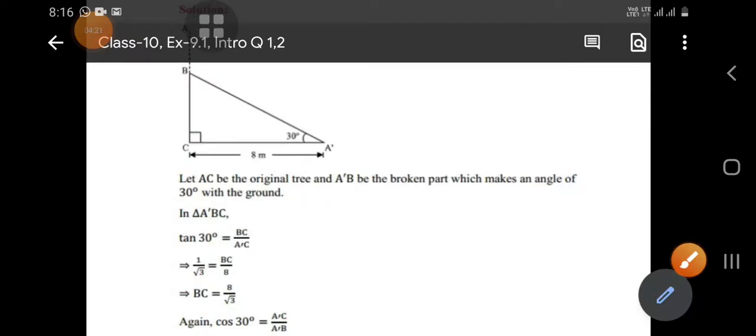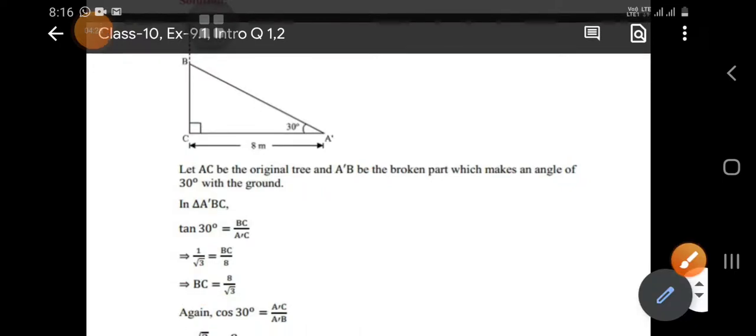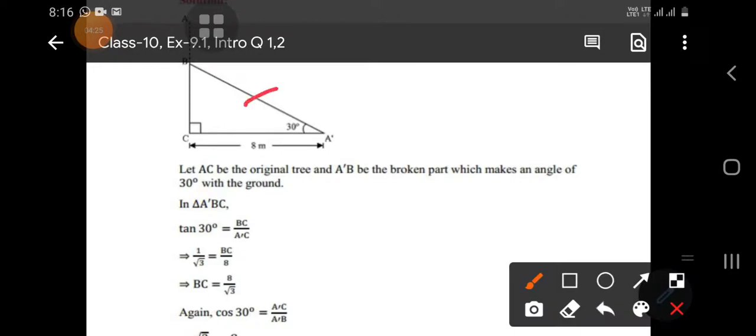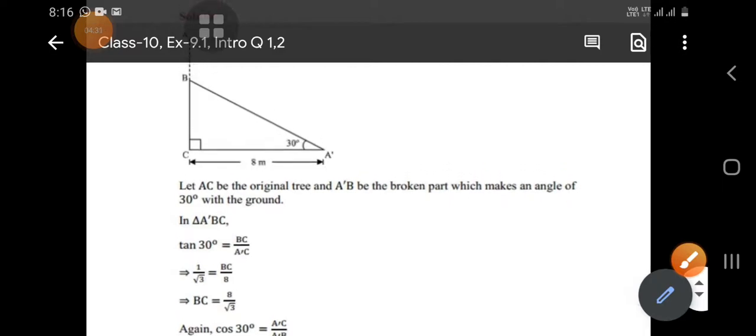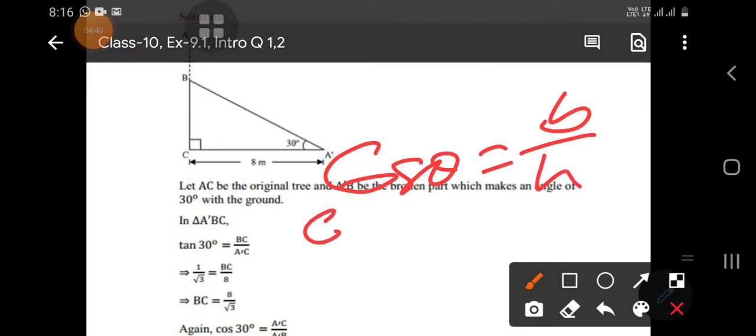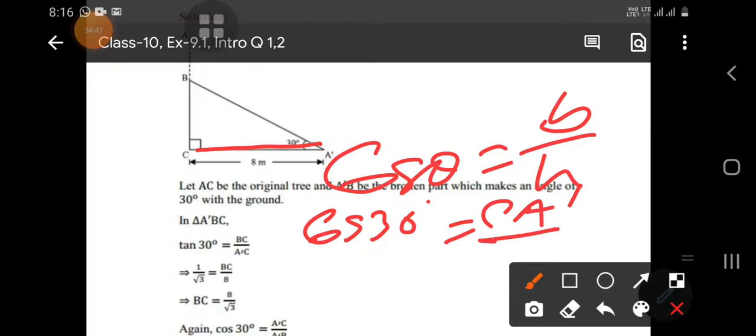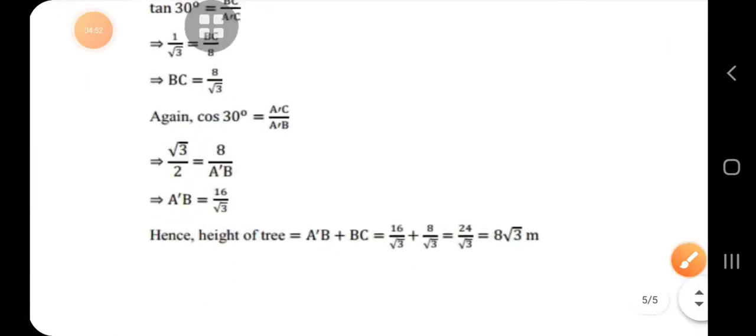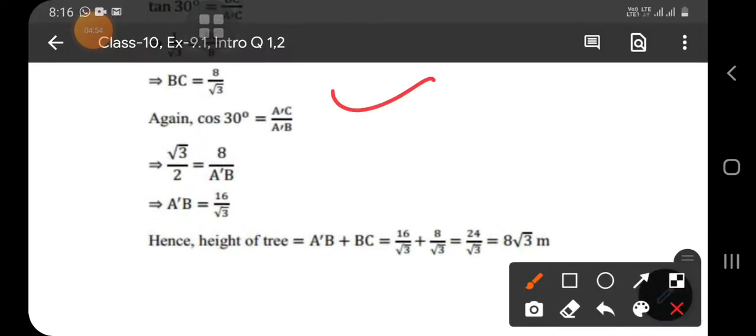First we found BC. Next we have to find this portion, that is the hypotenuse. Now we take cos theta. As cos theta is equal to B by H, with theta equal to 30 degrees, it will be cos 30 degrees, and B means CA dash, and H means BA dash.